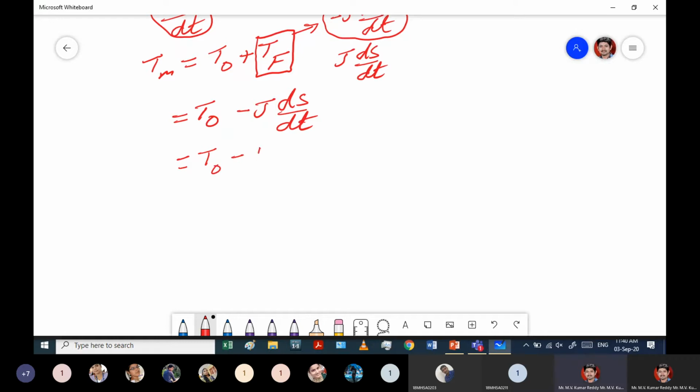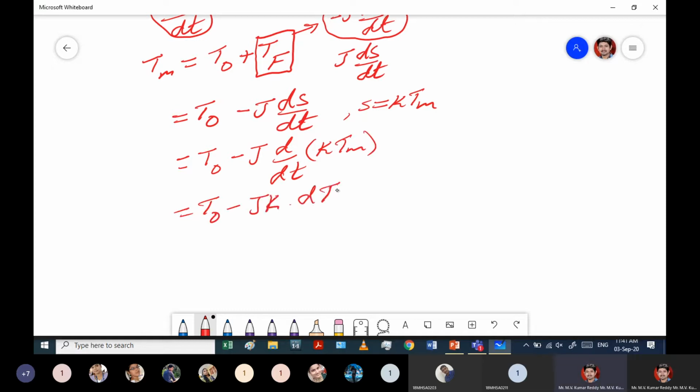What is the value of s? S is equal to K into Tm. Substituting, we get Tm minus T naught is equal to minus JK d Tm by dt.